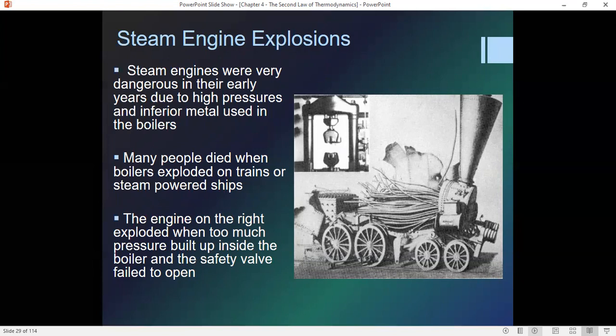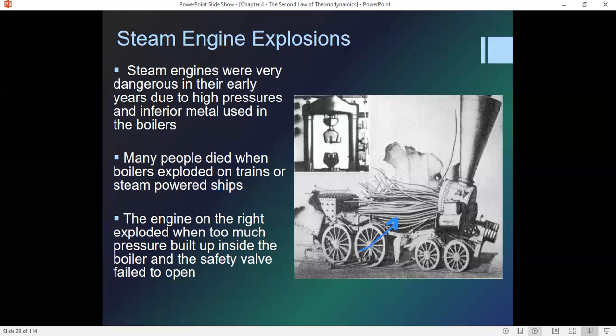Many of the steam explosions were due to the fact that they would heat the water in these heat exchanger pipes. And as the water in the boiler would slosh back and forth, a pipe could be basically left exposed with no water in it. It would rapidly heat, and when the water would slosh back to the position that was being heated, it would flash boil, and this would create a pressure spike which could destroy the whole boiler.